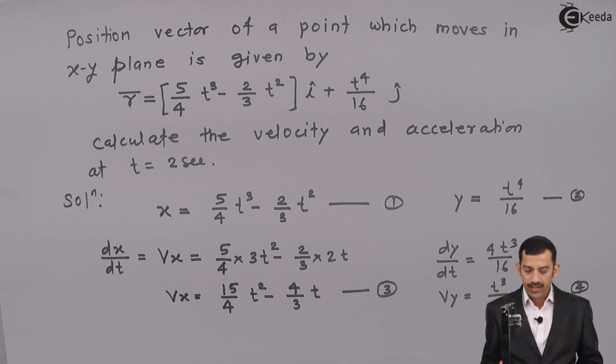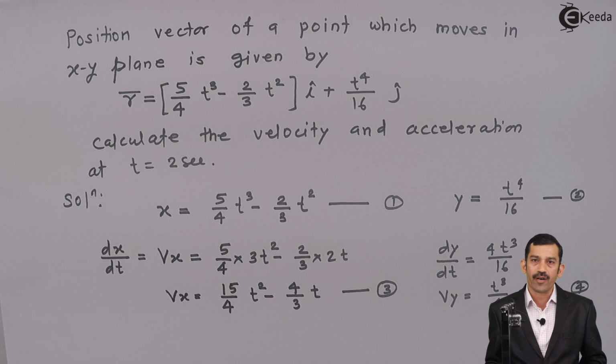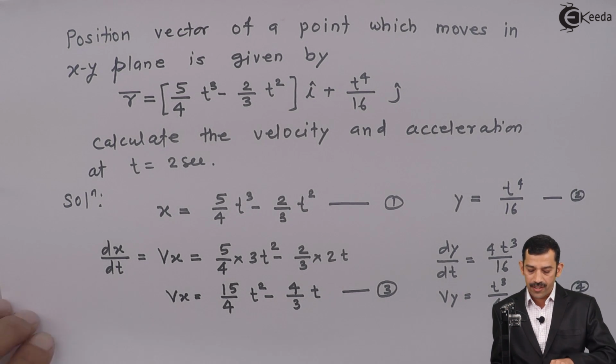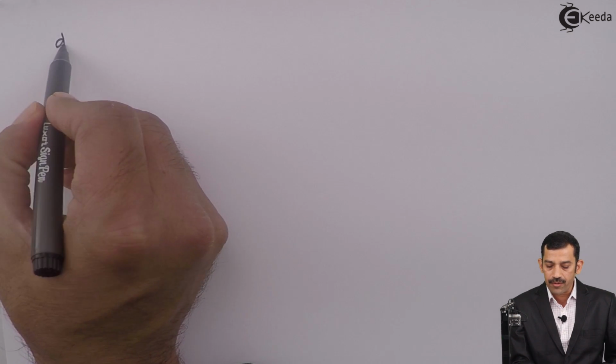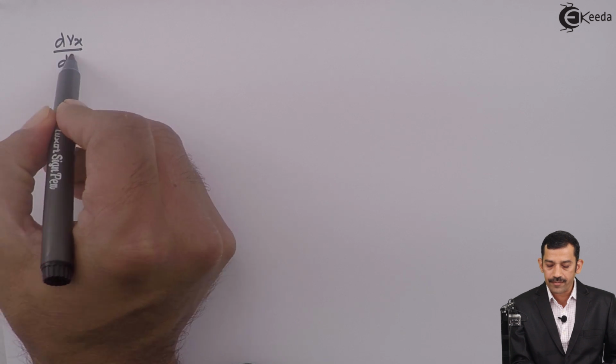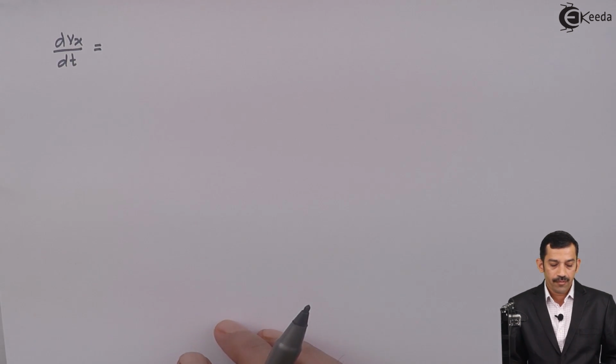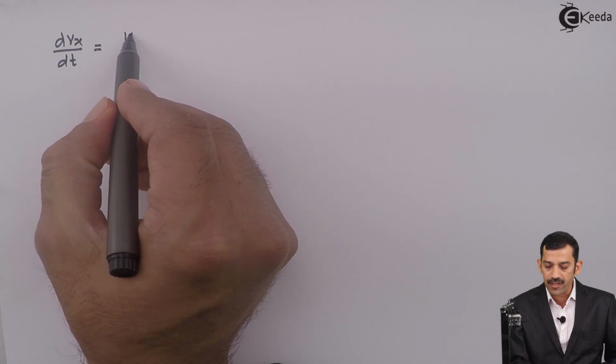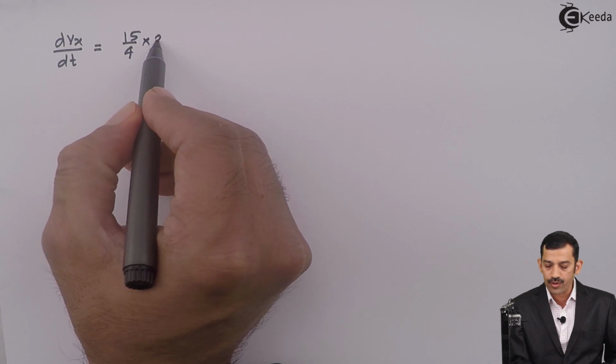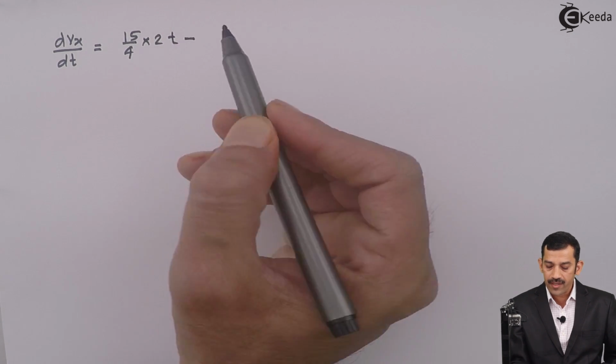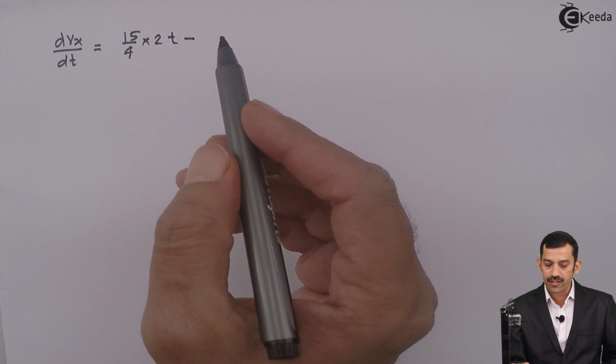Now again, if we differentiate Vx with respect to time t, we will get the component of acceleration along the x-axis, and if we differentiate Vy with respect to t, we will get the component of acceleration along the y-axis. Differentiating equation number 3, dvx by dt equals 15 by 4 into 2t minus 4 by 3, since the differentiation of t is 1.